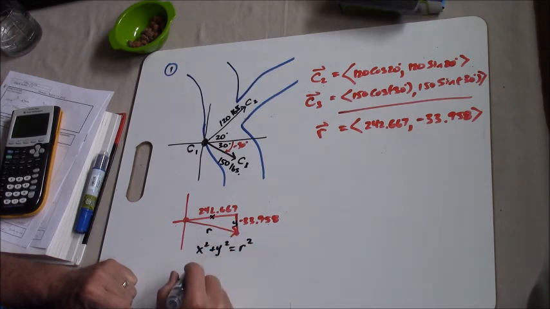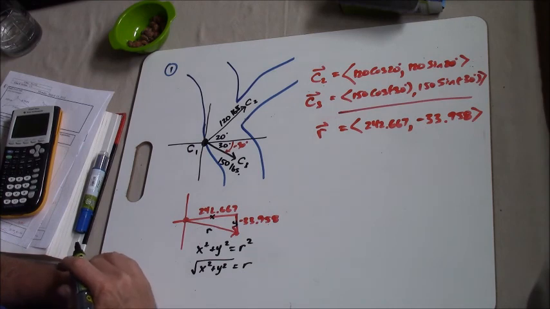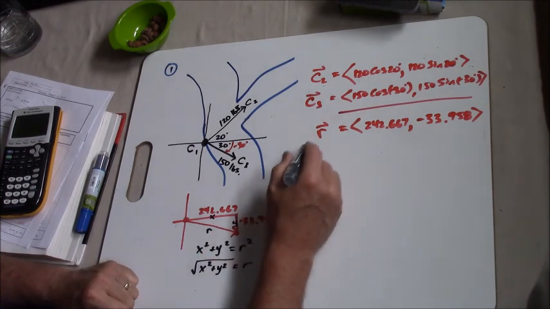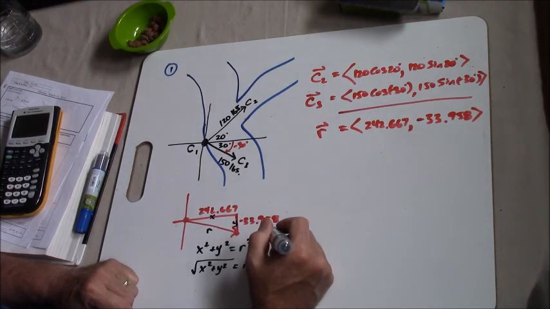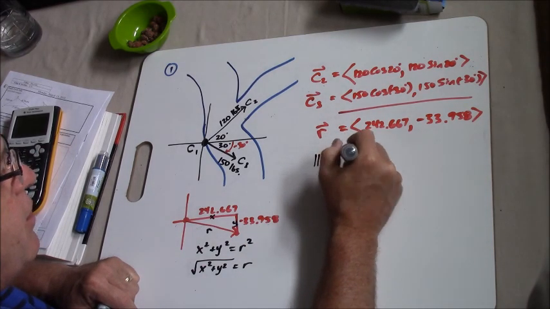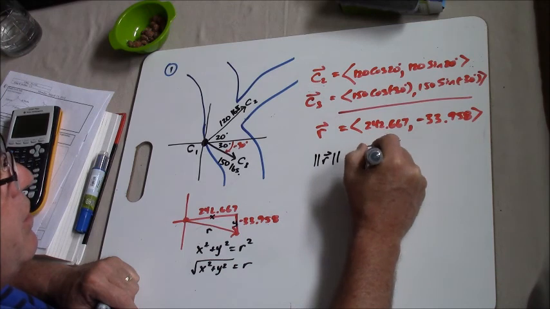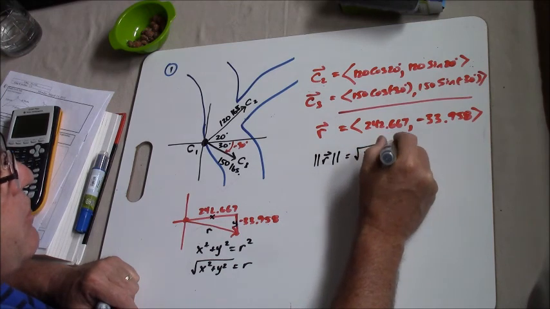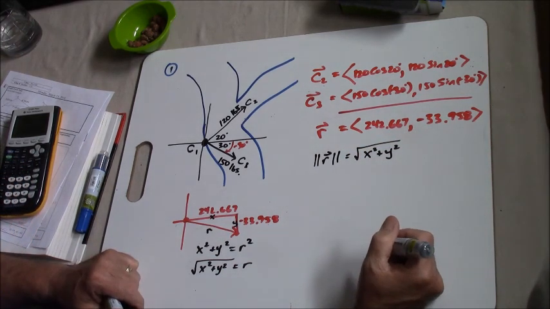If I want to solve for r, I'll just take the square root of this whole thing, and that's the magnitude of that resulting vector. So the magnitude of vector r equals the square root of x squared plus y squared. It's just the Pythagorean theorem. Okay?